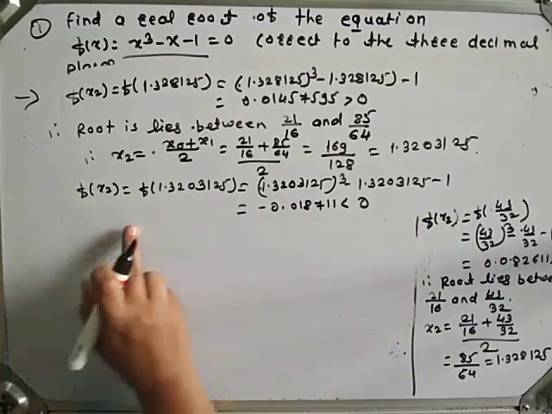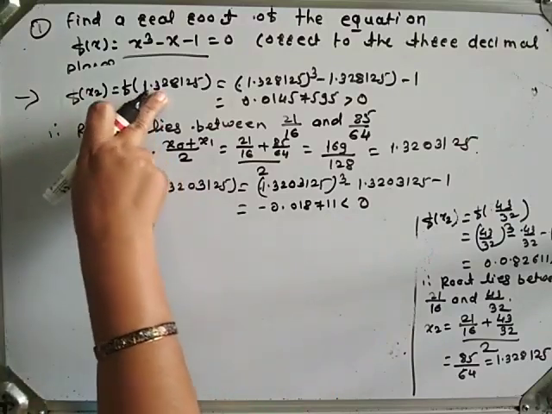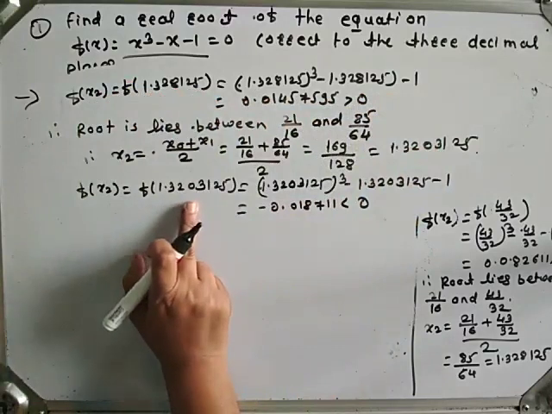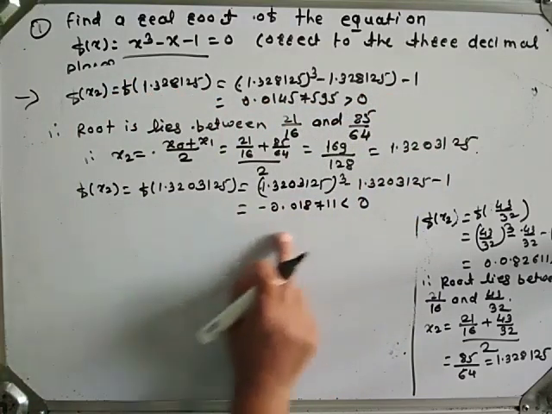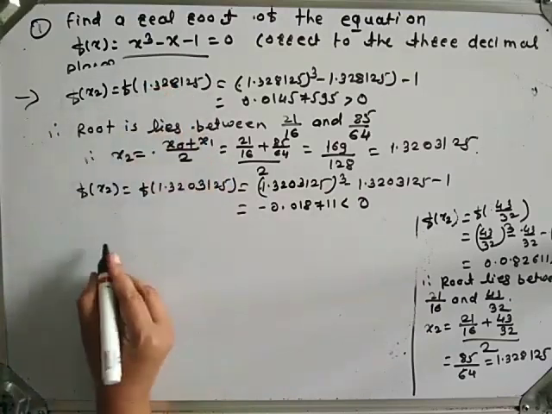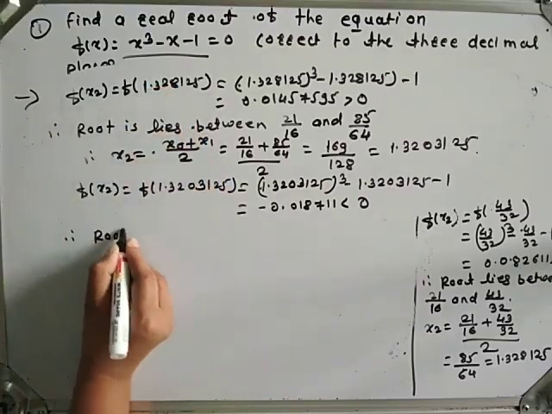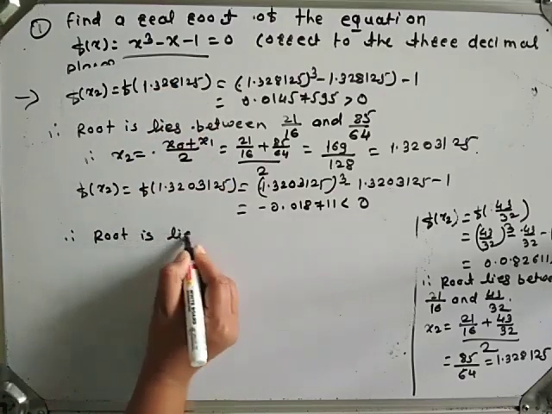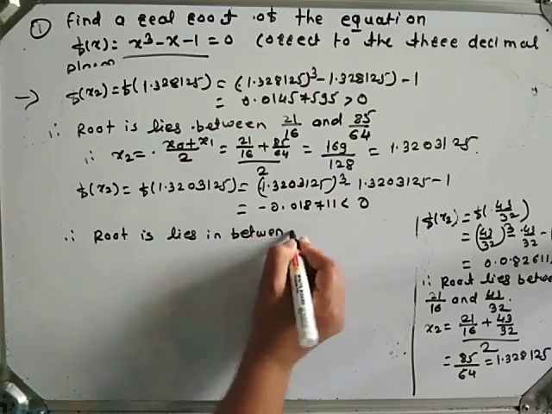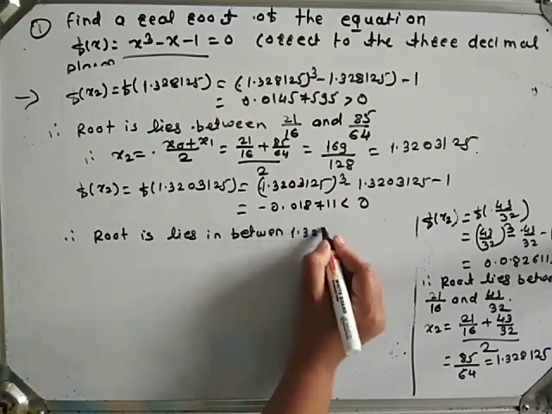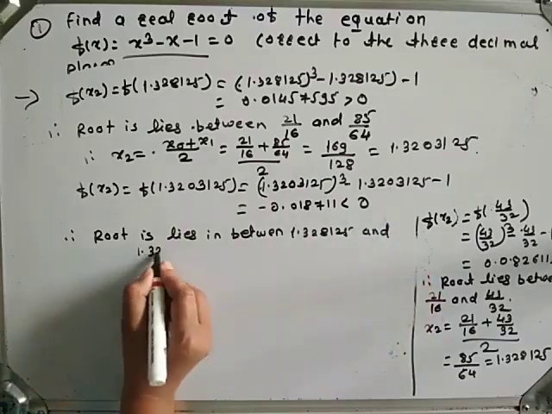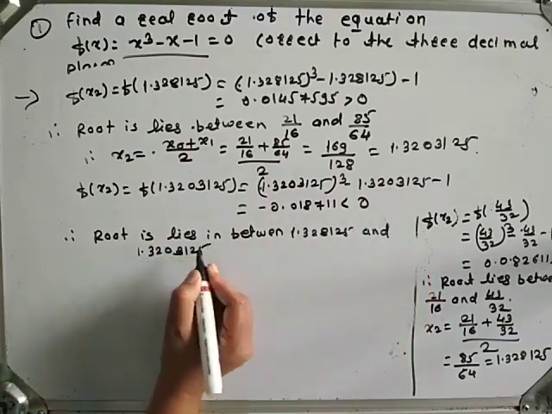See here, f of 1.328125 is positive and f of 1.3203125 is negative. Therefore the root lies in between 1.328125 and 1.3203125.